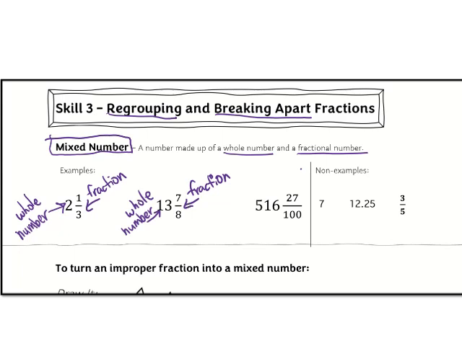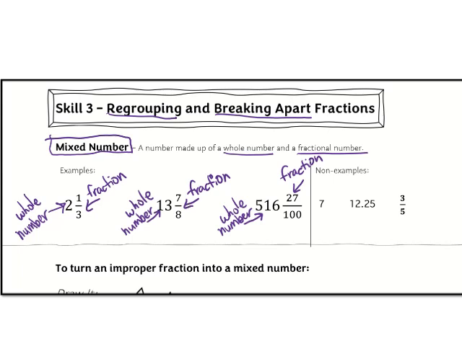It looks kind of scary because it's bigger, but it's still a mixed number. It has 516, which is a whole number, and it has 27 hundredths, which is a fraction. All three of these examples are mixed numbers because they're made up of a whole number and a fraction.